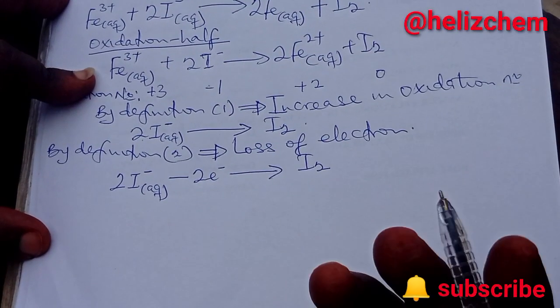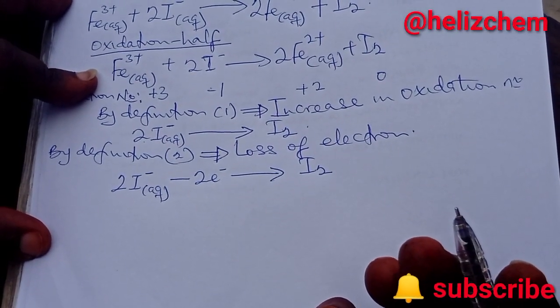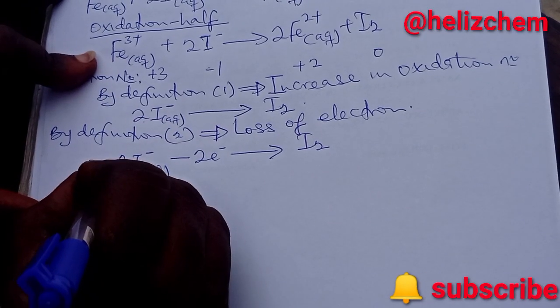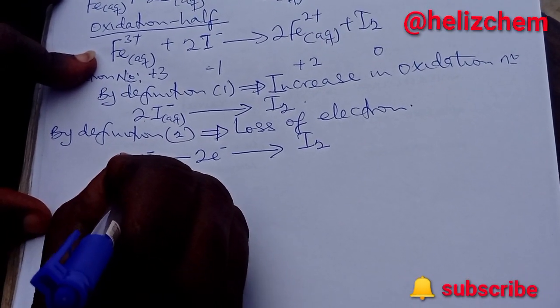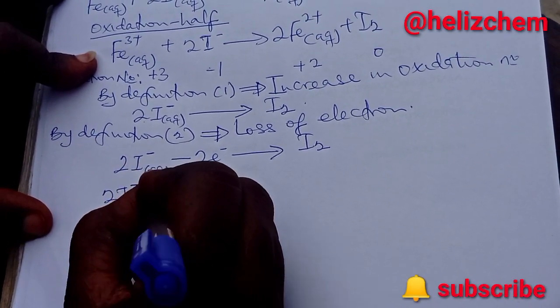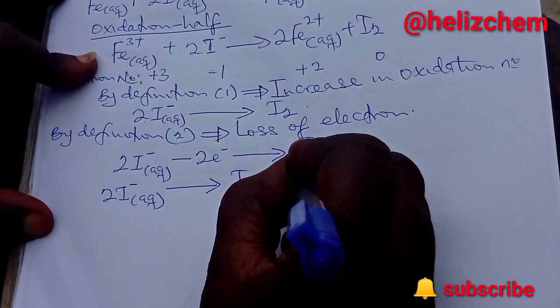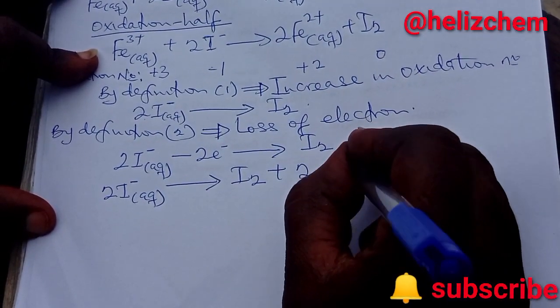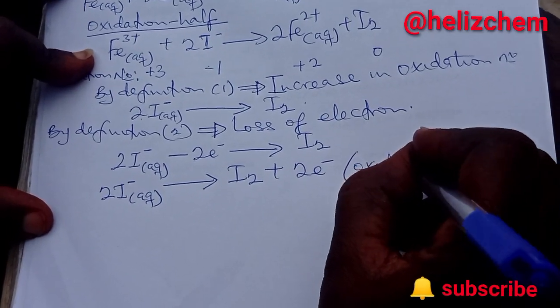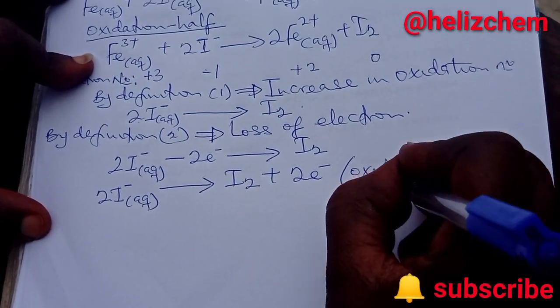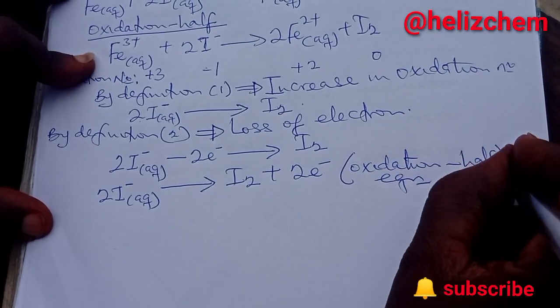But in chemistry, we don't write a negative equation, so you have to rewrite it like this. It will now become 2I- aqueous going into I2 plus 2e-. So this is now the oxidation half equation.